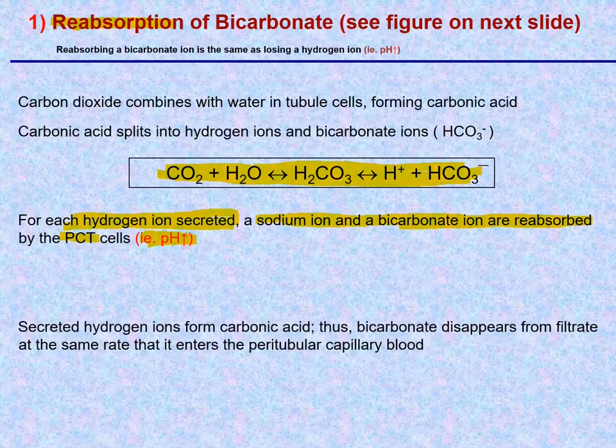The secreted hydrogen ions will form carbonic acid in the tubular space, in that fluid, and therefore what you get is bicarb disappearing from the filtrate at the exact same time as bicarb enters the peritubular capillary blood.